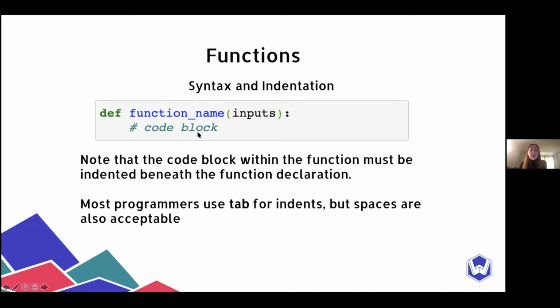And your code block has to be indented underneath that definition line. The indentation in Python could be tabs, it could be spaces, but you have to be consistent with whichever you use. I'm personally a tab person. I think that most Python programmers are, but it's a highly debated subject in the programming community, and whichever you want to use is fine.